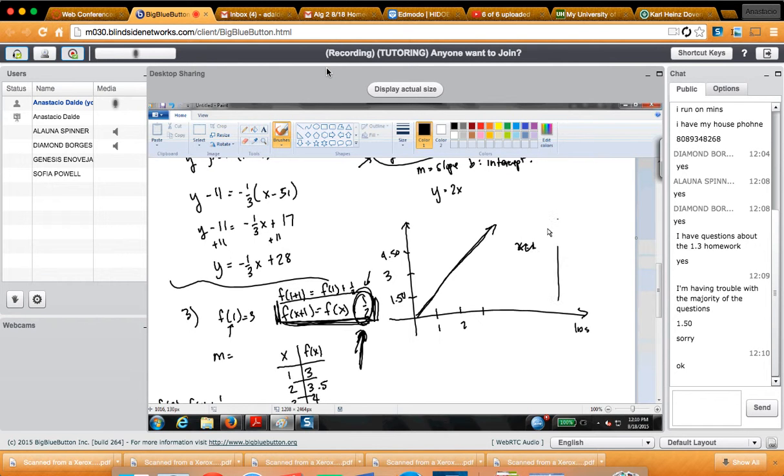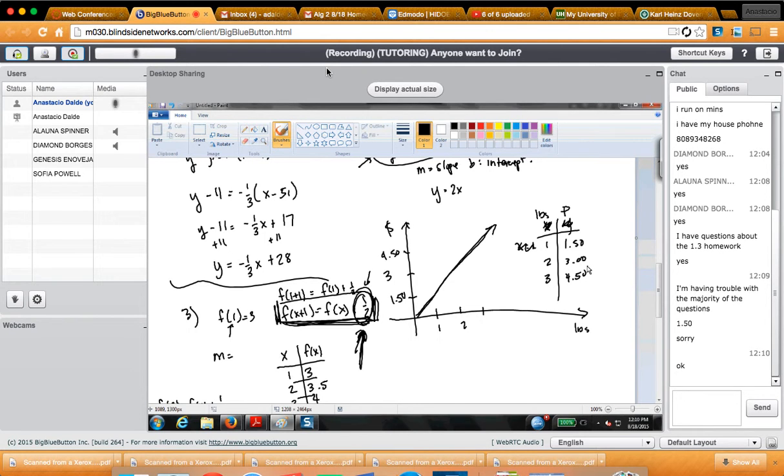If x equals 1, then y, actually, I should not call it x and y, I should call it lbs and P, because this will be pounds and price. So 1 pound, $1.50. 2 pounds, $3. 3 pounds, $4.50. Cool?